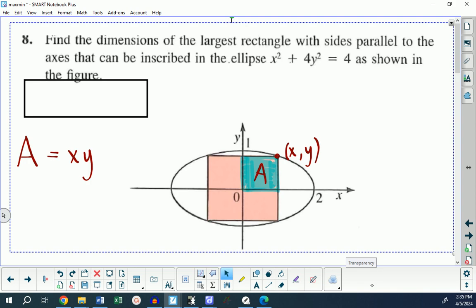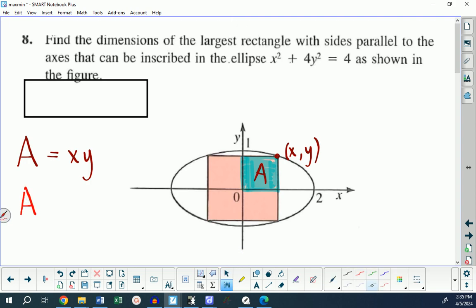The only difficulty here is we have to get rid of a variable. I would recommend getting rid of y, because I think there's nothing more confusing than having a bunch of y's over here for the independent variable. We're going to get rid of the y here, Craig, by taking this equation and rearranging it for y. So I can divide everything by 4, and then take the square root.